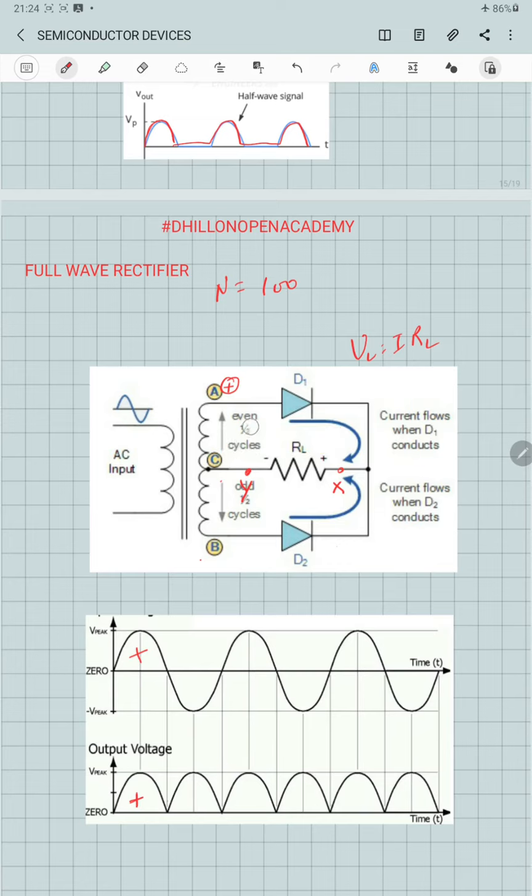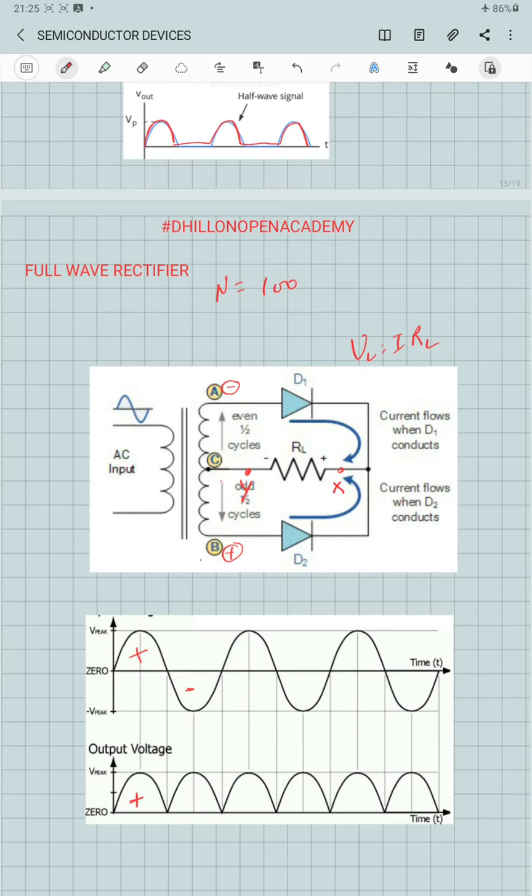Now when the negative half cycle appears across the secondary of the transformer, negative voltage appears at the point A, positive voltage appears at the point B. Now the situation is exactly opposite to when the positive half cycle was appearing across the secondary.